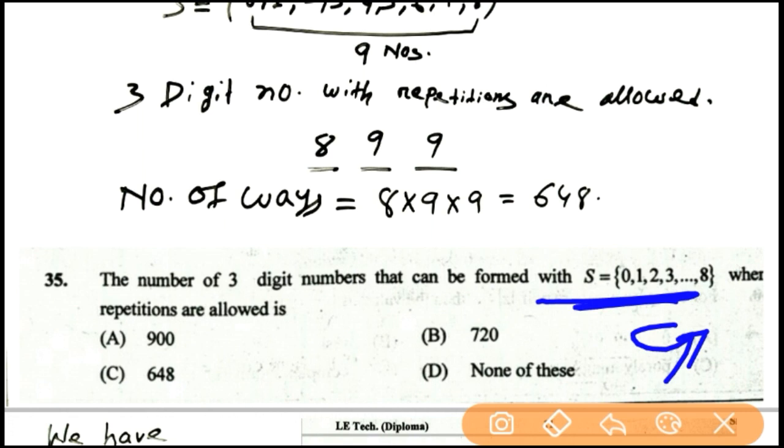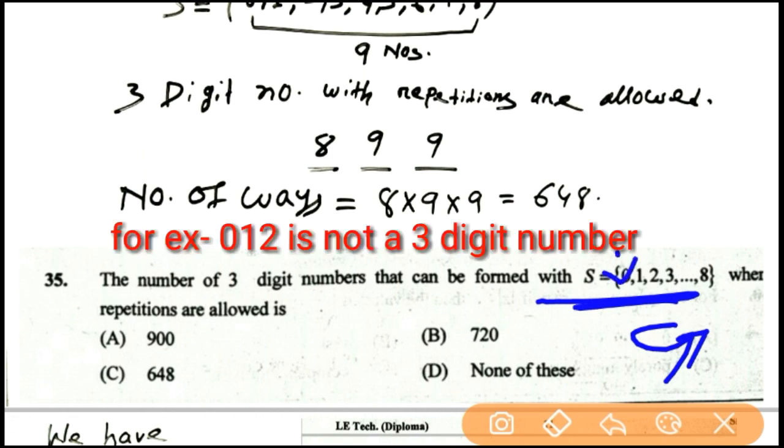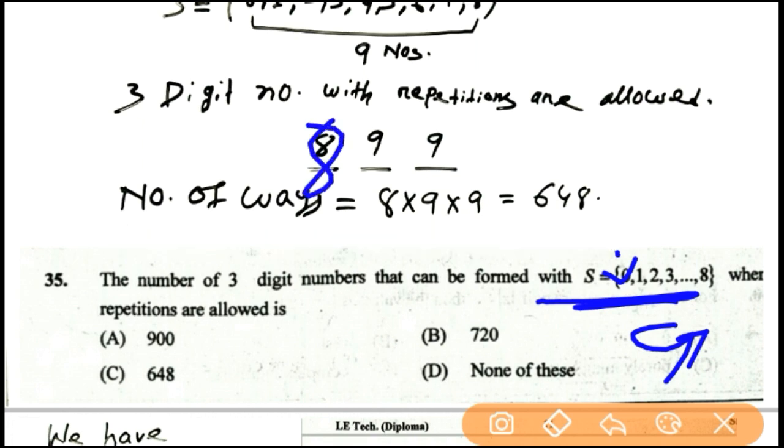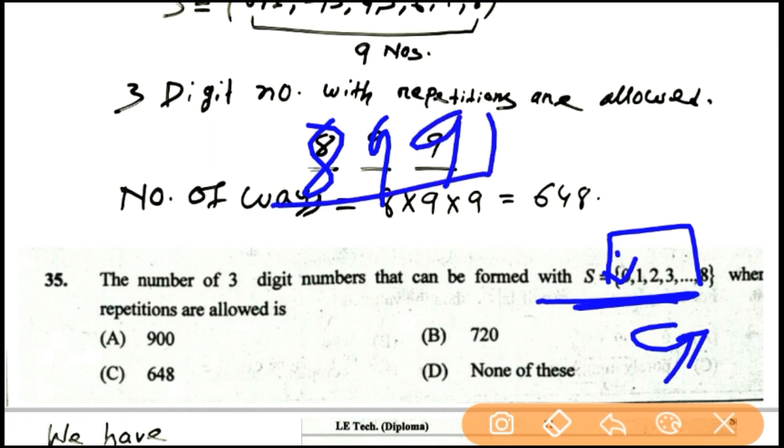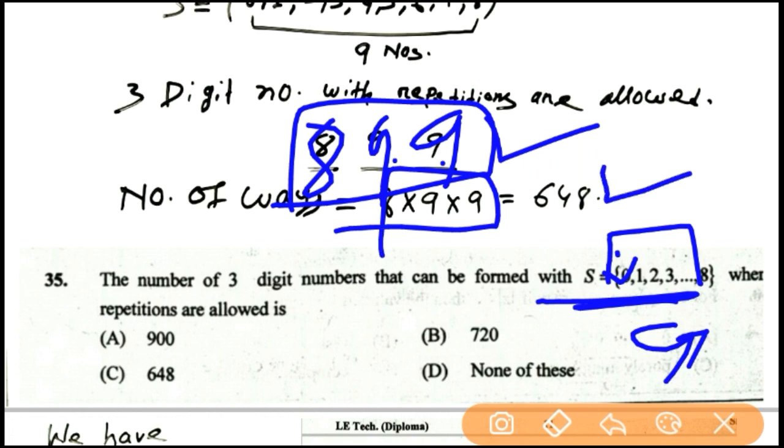For the first place, 0 is there, so we will take all the rest of the numbers, so that will be 8. For the second place we can take 0 also, so the total number is 9. Repetition is allowed, so again 9. In this way we can arrange 3-digit numbers: 8 into 9 into 9. So in total 648. So 648 is the correct answer.